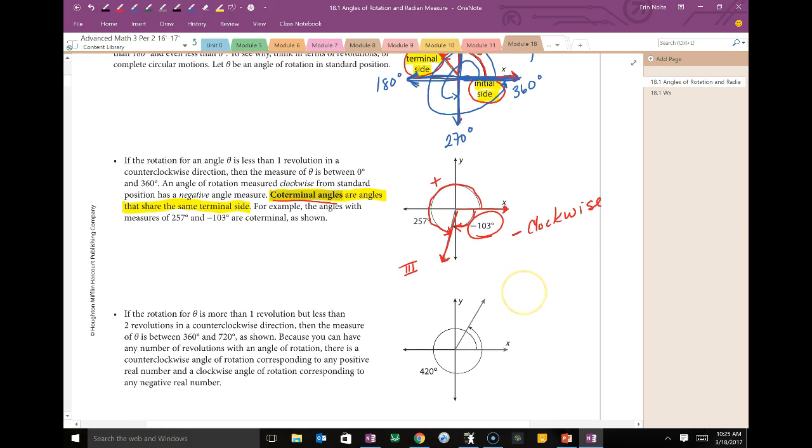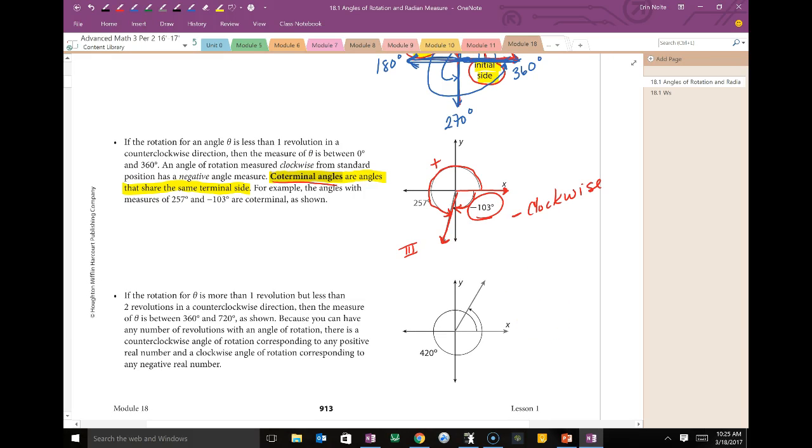Okay, we could also have a coterminal angle where you do a complete full revolution. So this second example here is starting on our terminal side. We could say that if I just move straight from my terminal side up to this arrow, that looks like it could be potentially 60 degrees. Well, you can see that this arrow goes all the way around the circle and comes back up.